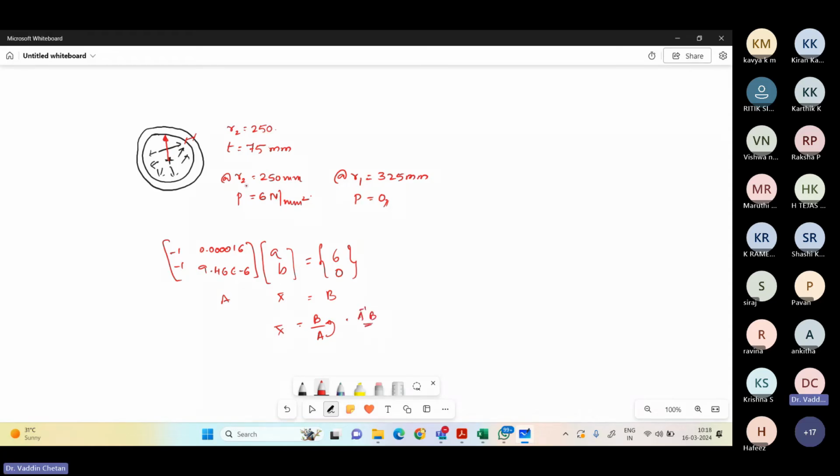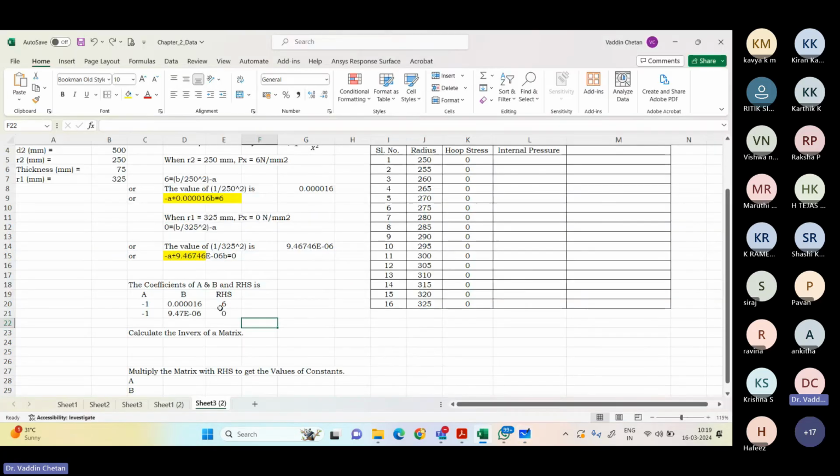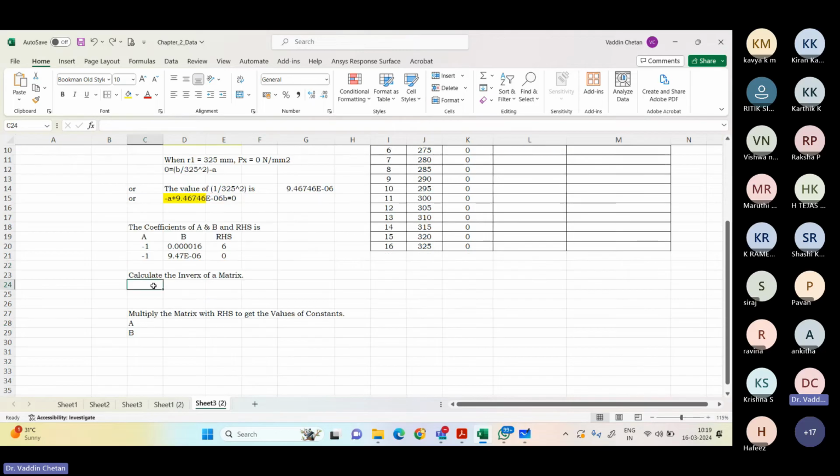So that means first, if you calculate the inverse of this matrix A and multiply it with the RHS, you are going to get the values of A and B. Similarly here, first and foremost, I need to calculate the inverse of a matrix.